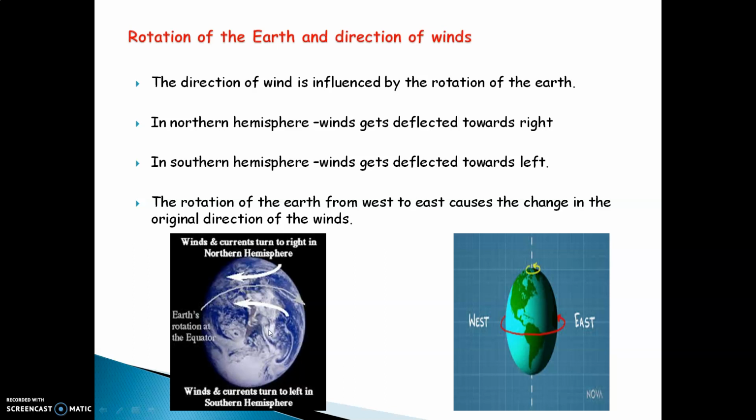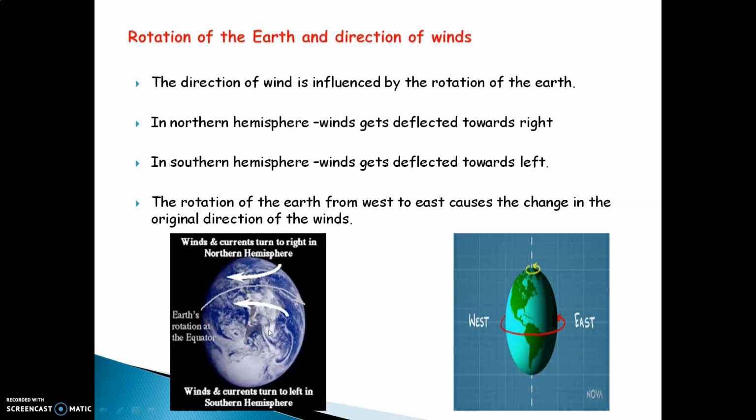In the northern hemisphere, winds get deflected towards the right. You can see in the picture shown over there, in the northern hemisphere of the earth, wind is getting deflected, moving towards the right side. And in the southern hemisphere, winds get deflected towards the left, the opposite direction.